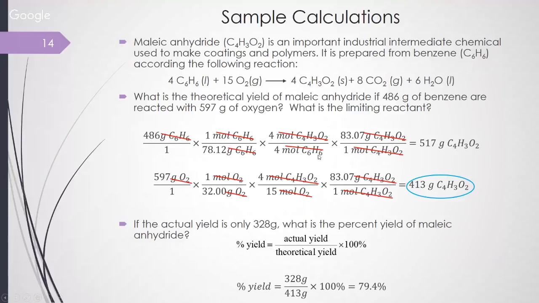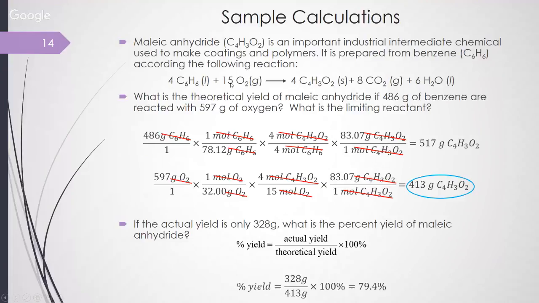I perform the same series of calculations, just some of my numbers are going to change. And that would be 597 grams of oxygen divided by the molar mass of oxygen. So I start with the 1 mole on top. I then look at the molar relationship between oxygen and maleic anhydride.